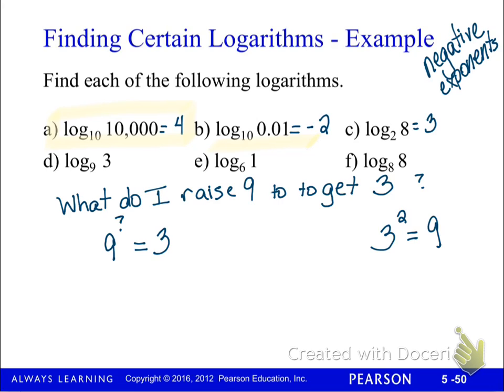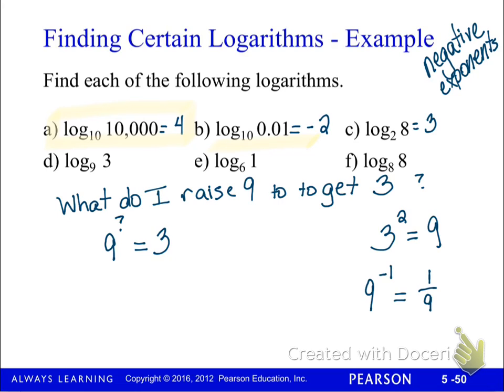Now, one of the things one student might assume is that because our number is getting smaller, we need a negative exponent. So a student might say, okay, well, I'm going to say 9 to a negative exponent. So 9 to the -1, that turns into 1 over 9. Okay, so we're not going to be talking about a negative exponent.